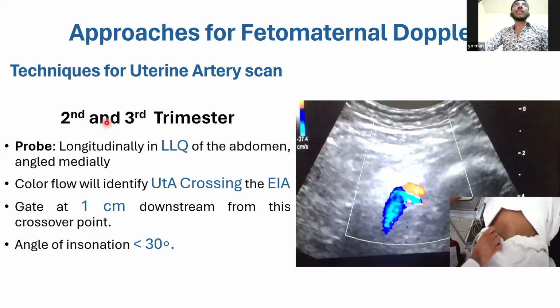So in the second and third trimester, the probe is placed longitudinally in the lower lateral quadrant of the abdomen, and after that you angle medially.